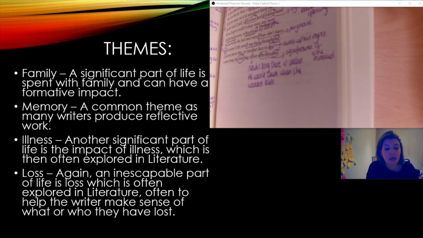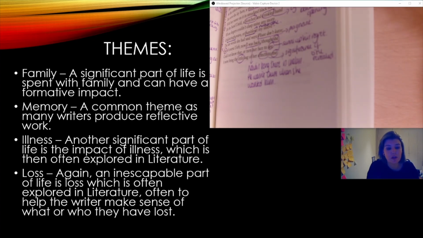Illness then, so towards the end of the poem we hear about the psychiatric ward, and he talks about how his mother was maybe regressing slightly there, maybe hinting towards a more long-term illness that she was dealing with.